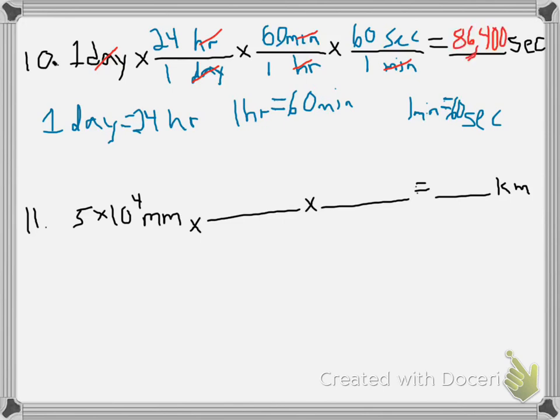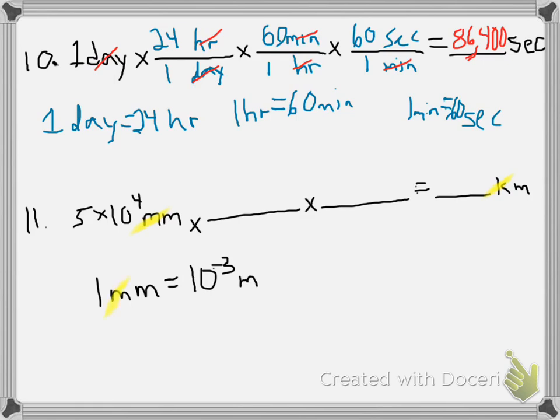For my next question, number 11, I'm going from millimeters, so there's a prefix multiplier there, to kilometers. So since I'm going from a prefix multiplier to a prefix multiplier, I'm going to do this in 2 steps. That way I can convert into my base unit first. So if I have 1 millimeter, milli means 10 to the negative third. So I have 10 to the negative third meters.